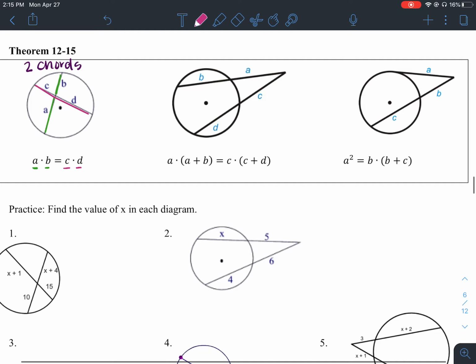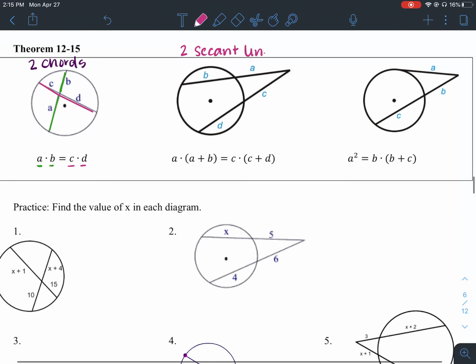The second situation in Theorem 12-15 is using what we call 2 secant lines. Secant lines are pretty much like extended chords. So you take those chords and you go outside. So you're intersecting your circle twice and you have pieces that are outside of your circle.